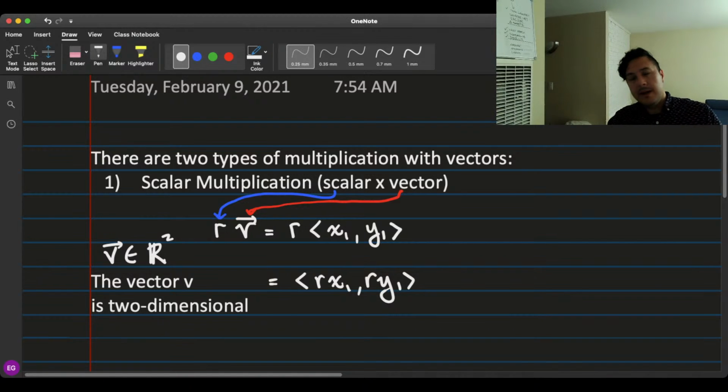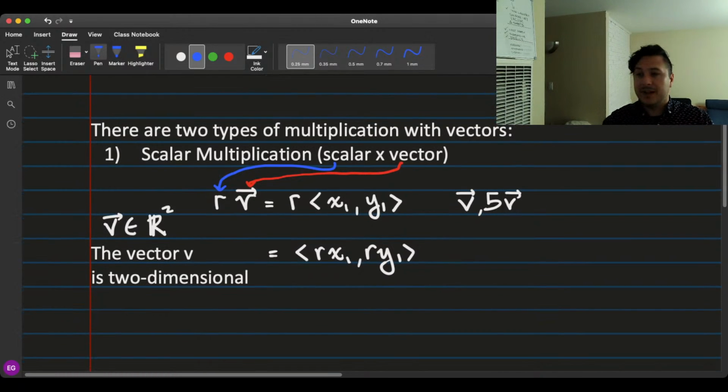Now, from a geometric perspective, what does multiplying by the scalar do? What is the difference between the vector v and the vector 5v, five times that vector v? Yeah, so scalar multiplication changes the magnitude.